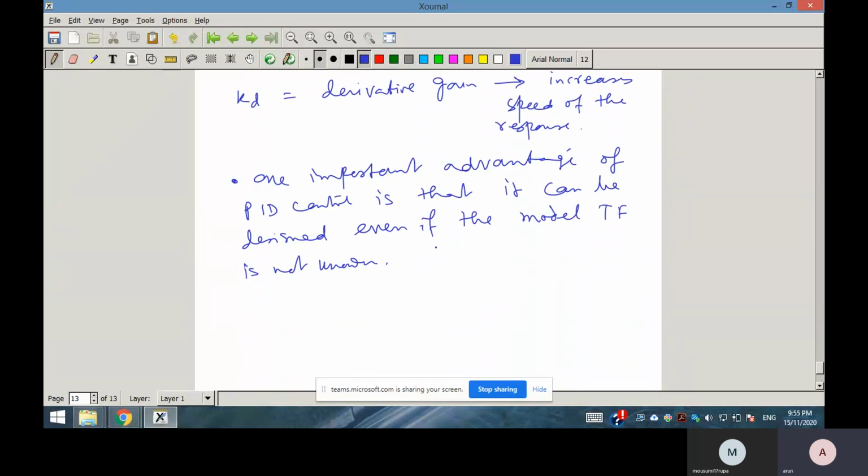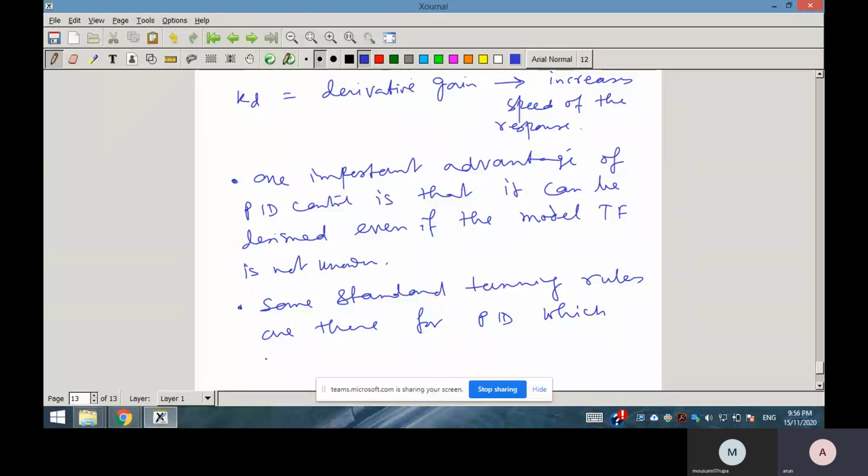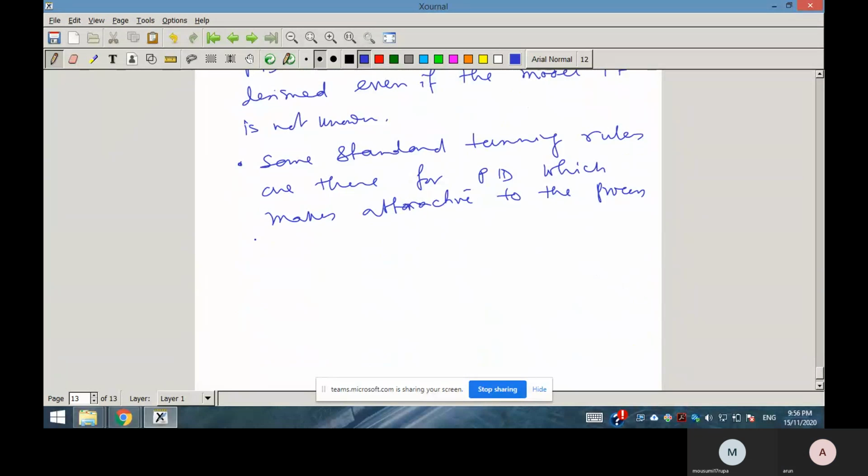There are some standard tuning rules for PID, which make it attractive to the process industry irrespective of the model transfer function.